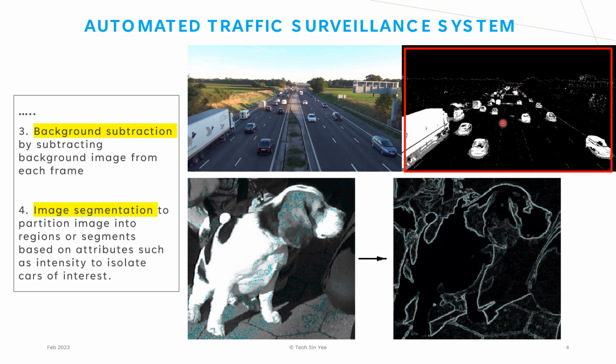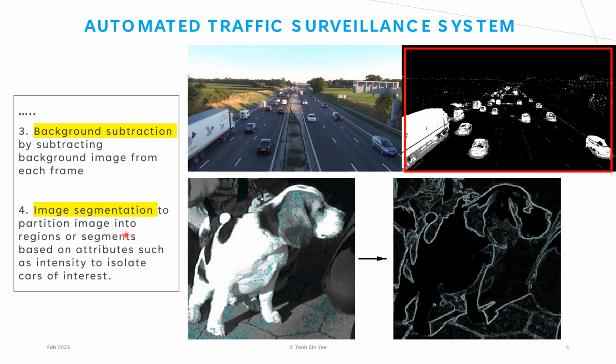They're subtracted already, which means initially there were a lot of greenery and some plants over here, even a bridge and the divider, but after the subtraction is performed, you can see the cars, the vehicles, are much more visible compared with before.